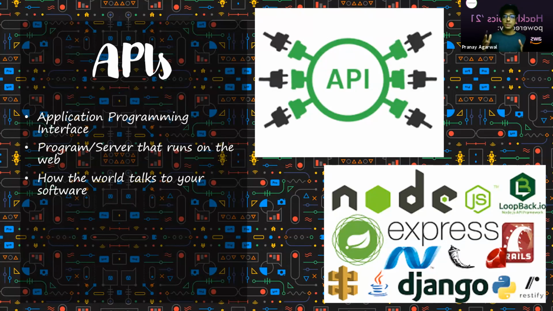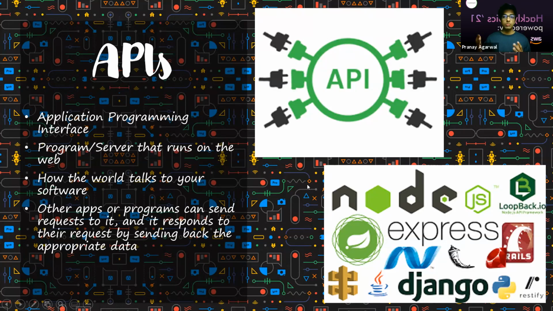And that's the request. And the response is then Spotify responding with the data of your song. So this can even extend to, let's say, other apps or other programs sending requests to your website or your server and requesting data. Hence the request response cycle.